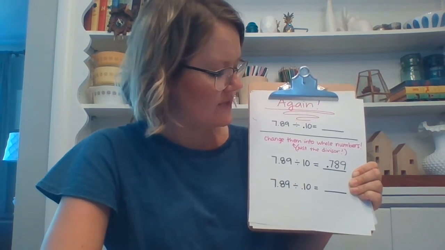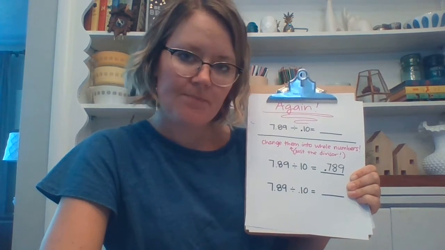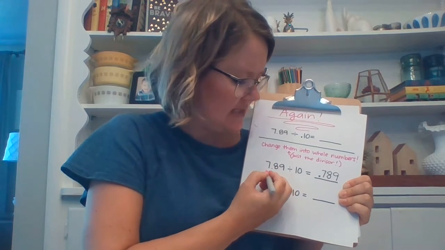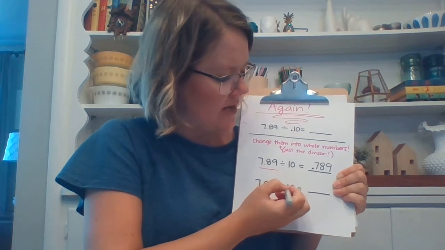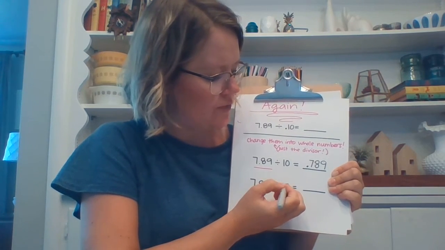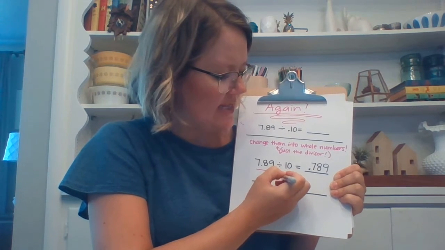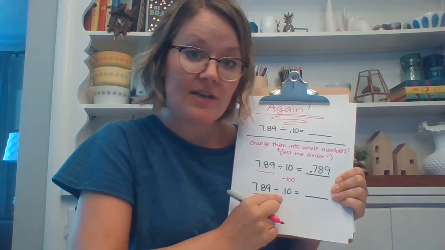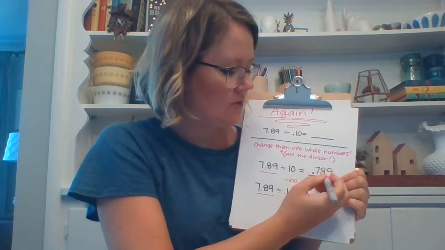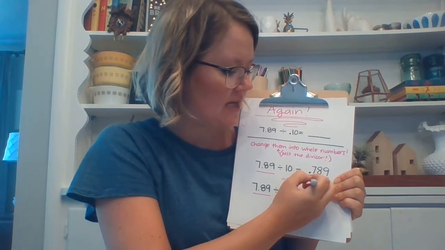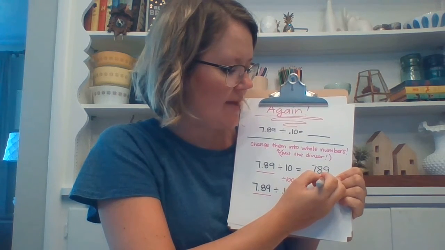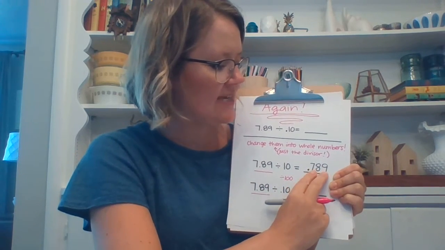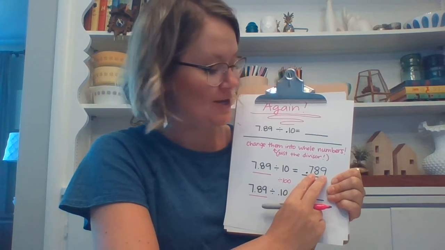789 thousandths. Okay, now I'm going to keep this dividend the same, but I can see here I actually divided this by 100. 10 divided by 100 is 10/100. So that means I have to do the opposite here and multiply by 100, which means this is going to just shift over 2 places.